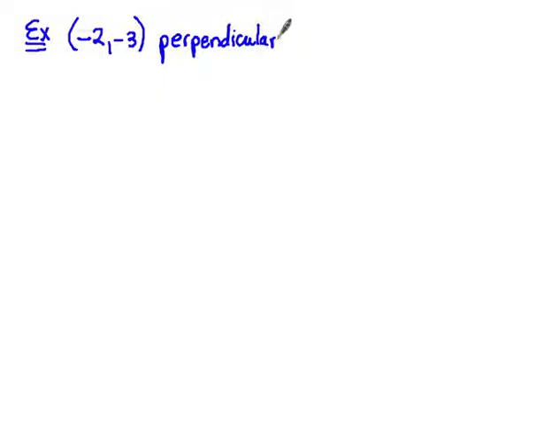Let's say that it goes through the point (-2, -3), and it is perpendicular to 3x + 2y = 5. So the first thing that we have to do is find the slope of 3x + 2y = 5. So I'm going to solve for y.